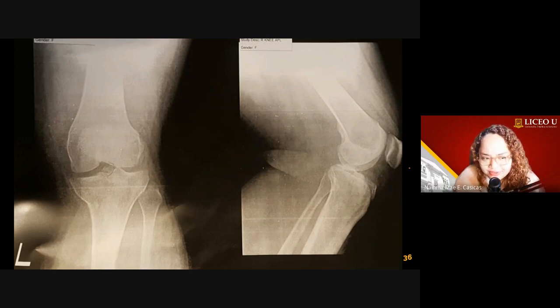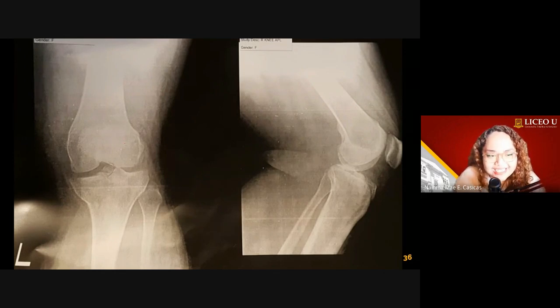I had it X-rayed, and before I even saw my orthopedic surgeon, I already saw the X-ray, and this was what I found. I thought, oh my god, there is something wrong.